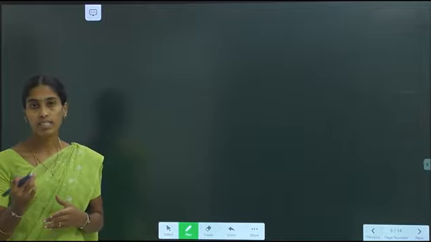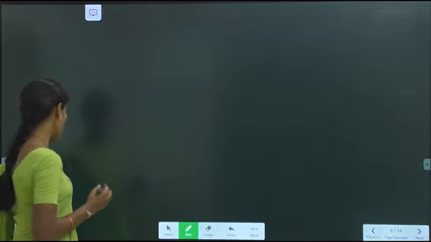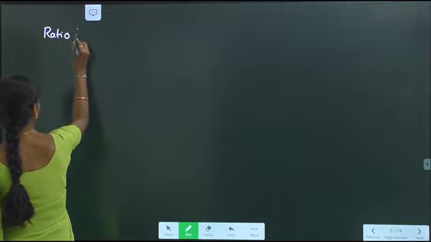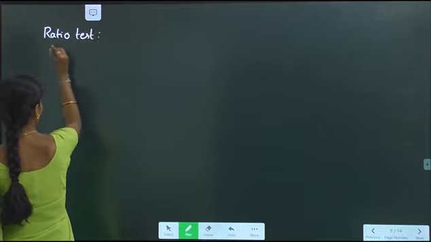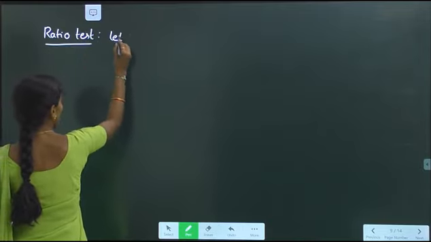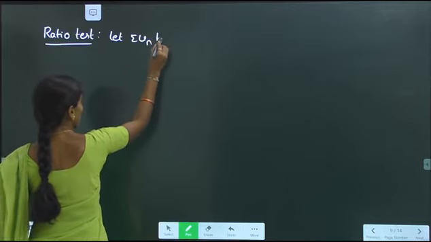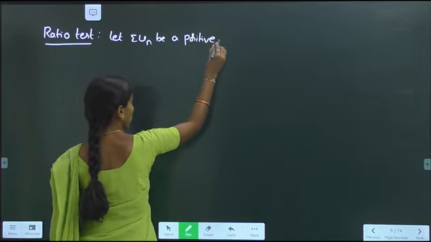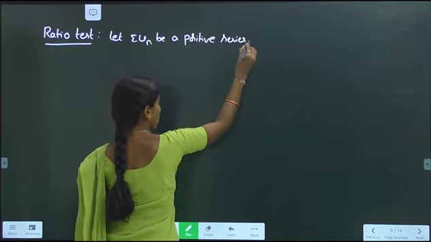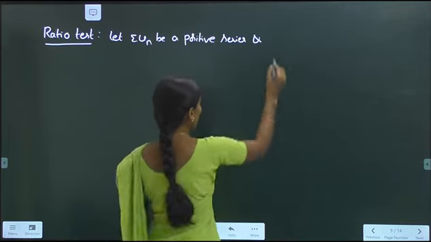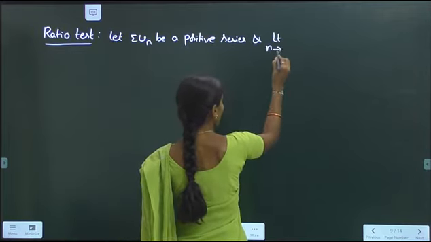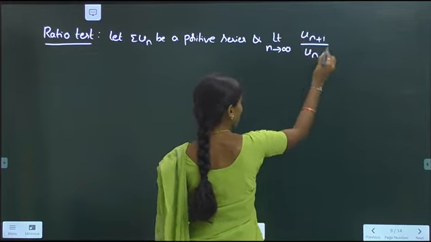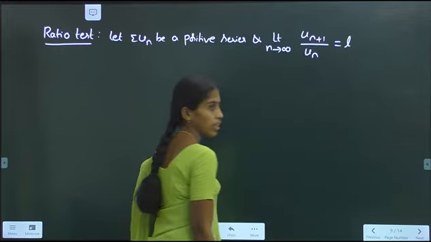Now we will see the next test, that is D'Alembert's ratio test. Simply we are saying the ratio test. Let sigma un be a positive series and limit n tends to infinity, un plus 1 by un is equal to L, right?